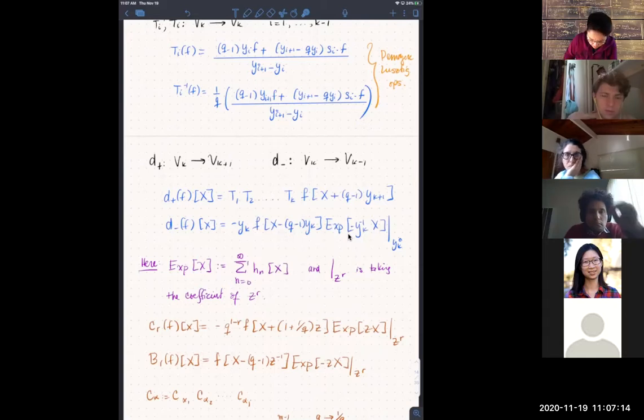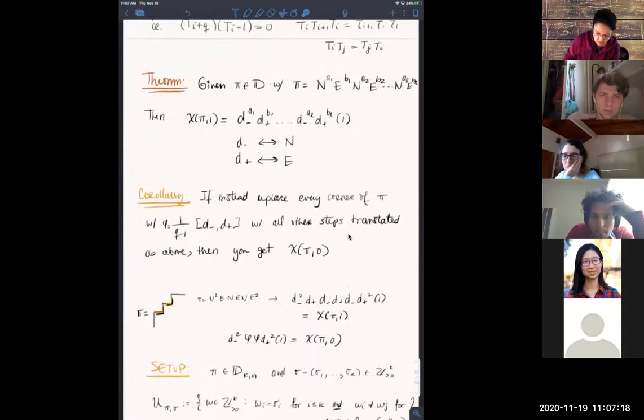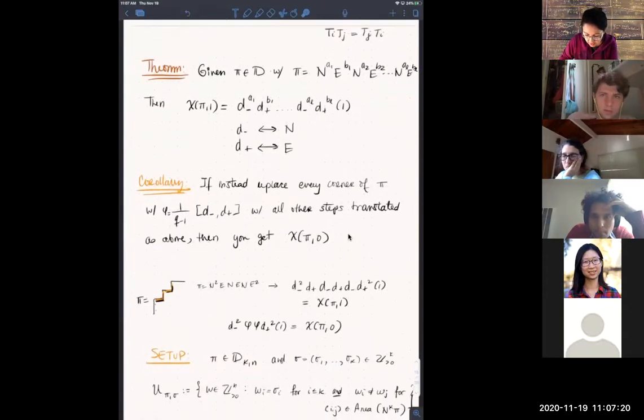And the big theorem that we were trying to prove is that we can generate the symmetric functions that arise in the formula for the shuffle conjecture, these chi pi zeros and chi pi ones, for any dyck path just using these operators d plus and d minus.